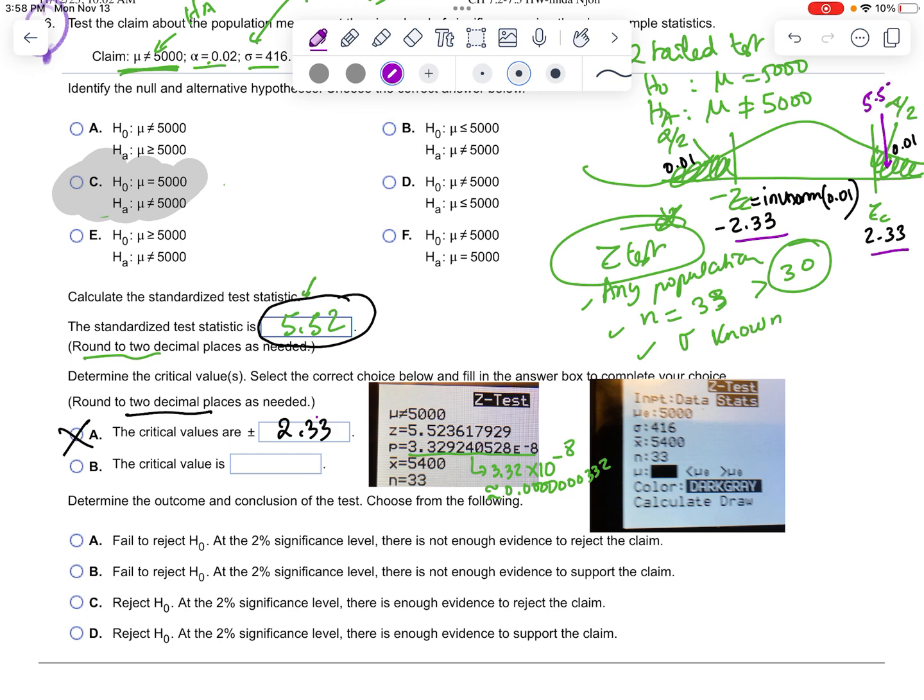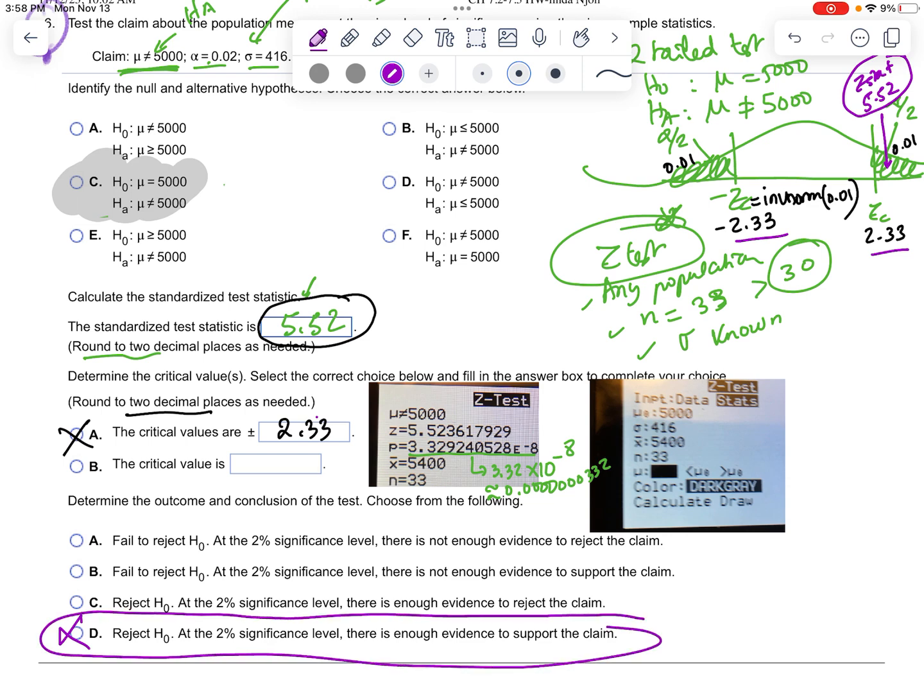So 5.52, the z-stat, is in the critical region. Does that make sense? So we reject the null at the 2% significance level. There is enough evidence to support the claim.